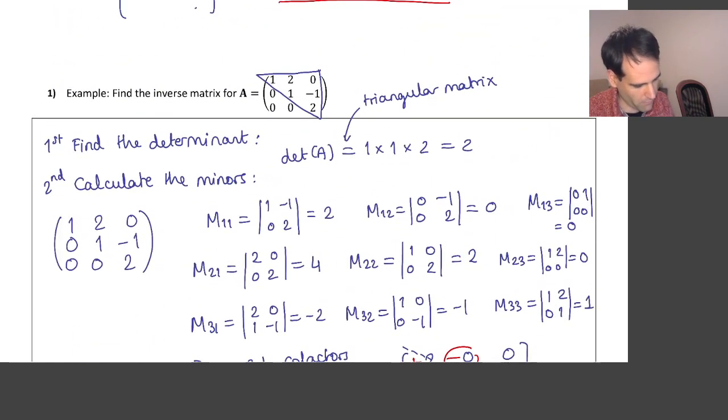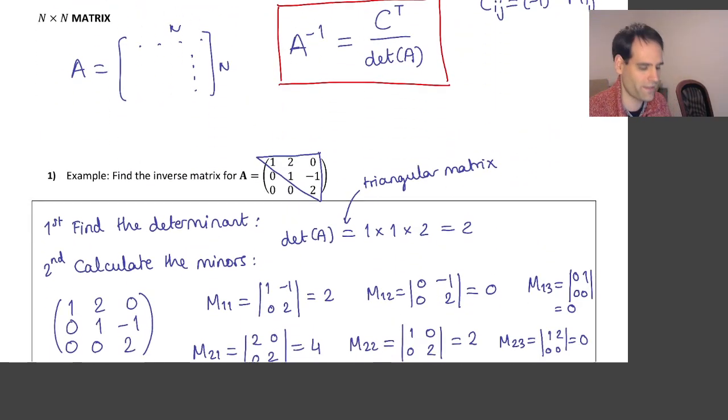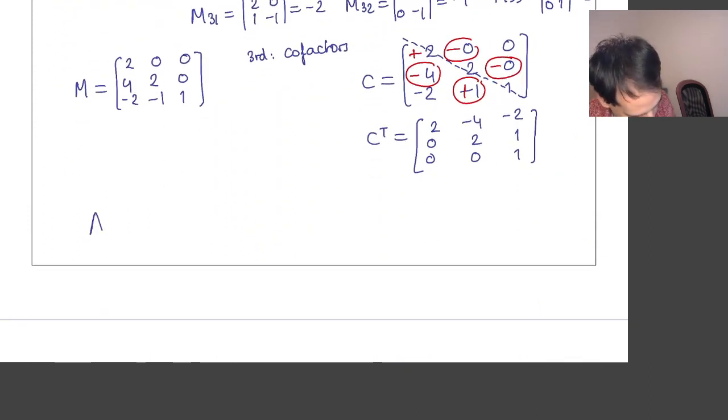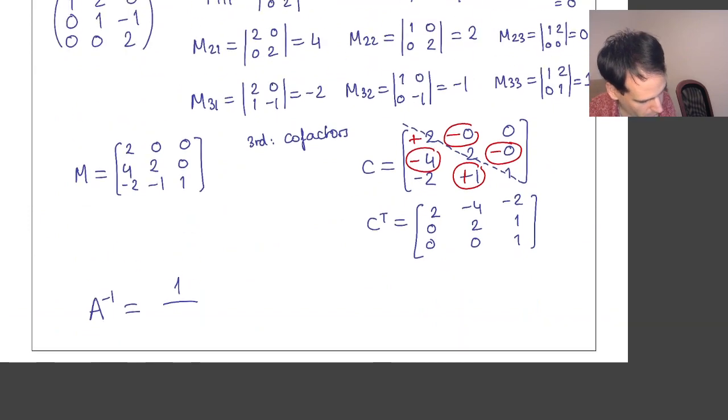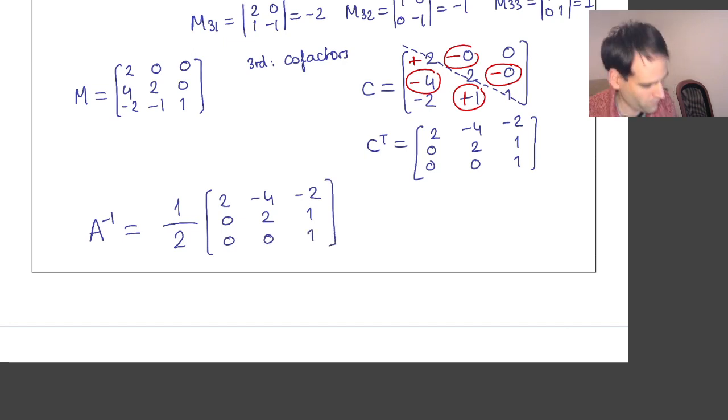Finally, we can apply the recipe for the inverse, which is the cofactors transposed divided by the determinant. So the inverse matrix of A is 1 divided by the determinant, and the determinant was 2, times the matrix of the cofactors transposed. And that solves the problem of the inverse of a matrix.